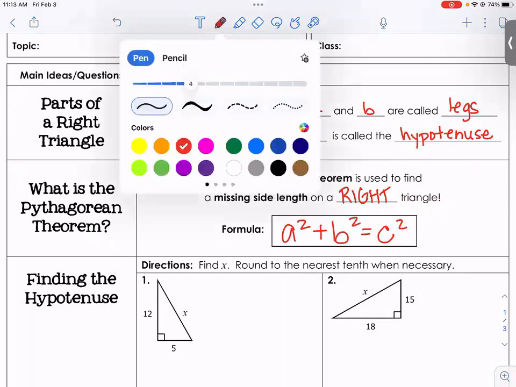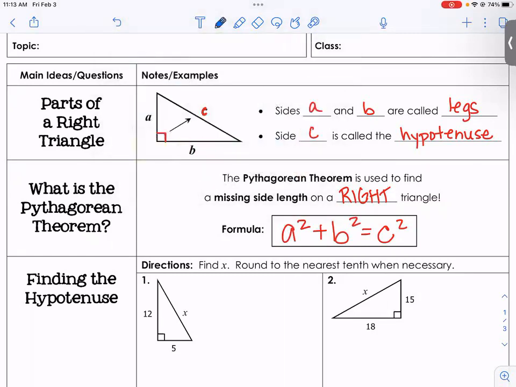I want you to make this note: the hypotenuse is the longest side. So not only is it across from the right angle, but it's always going to be the longest side, because it's not a leg. You're not eating a starburst yet.